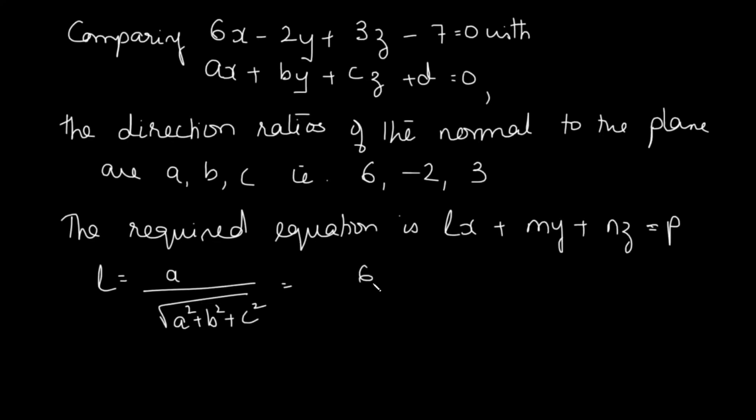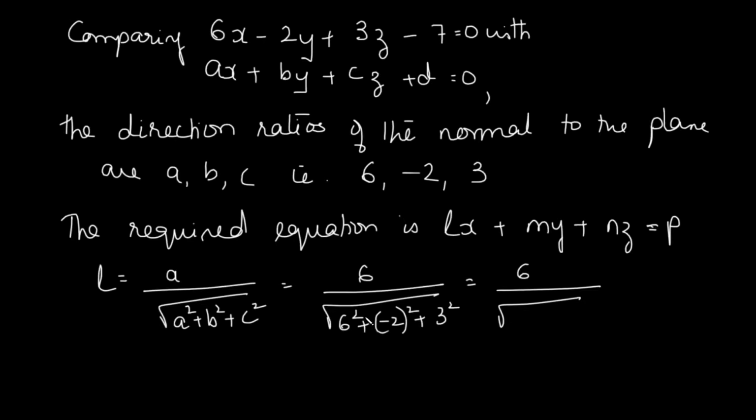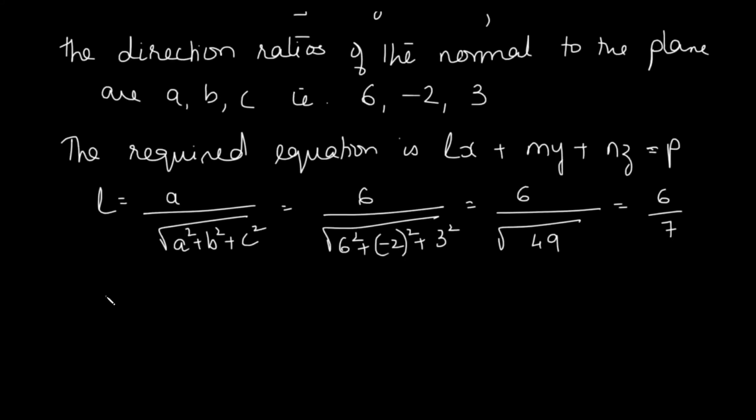So in this case, 6 upon root of 6 square plus minus 2 square plus 3 square, which comes out to be 6 upon root of 49, because 36 plus 4 is 40, plus 9 is 49, and thus we get 6 upon 7. In the same way, M can be written as B upon the same thing.